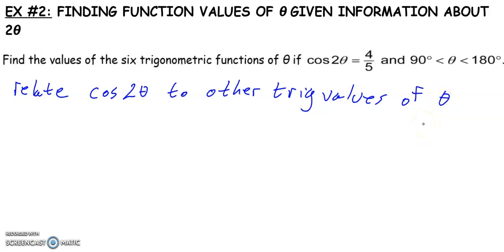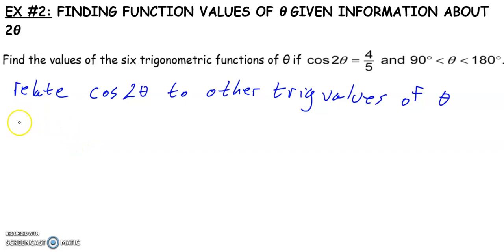Since we're using our double angle identities, I'm going to use mostly double angle identities so we can see how those work. But once you've gotten something, you can also remember already that cosine is x over hypotenuse, or adjacent over hypotenuse, x over r, and so forth. But I'm going to use double angle identities as long as we can.